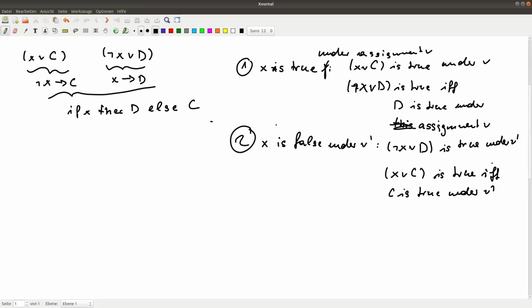And these are the two cases we have, because either X is set to true in an assignment or X is set to false under an assignment.